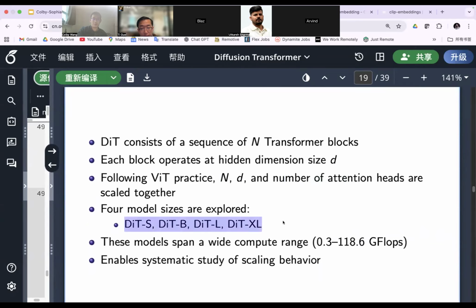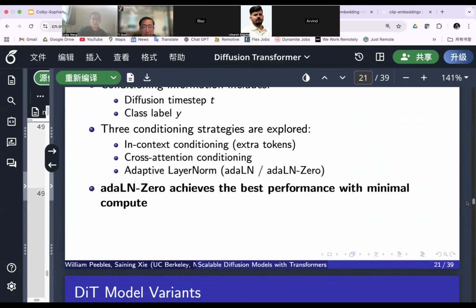They have 4 models: DiT-S, DiT-B, DiT-L, and DiT-XL. They claim these models span a wide compute range. They don't say how they calculate this number, but basically the larger the number, the larger the model size.